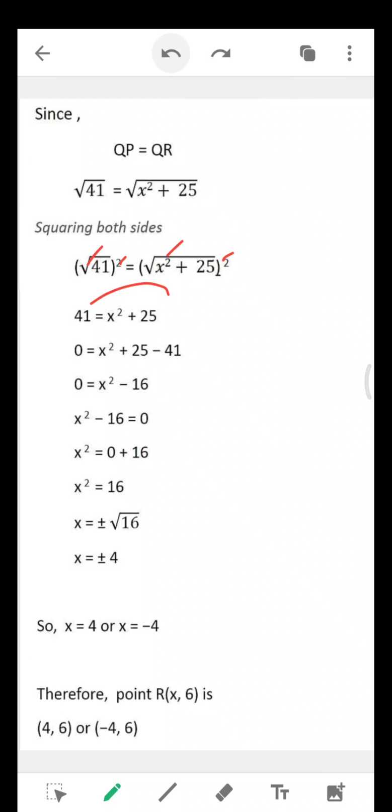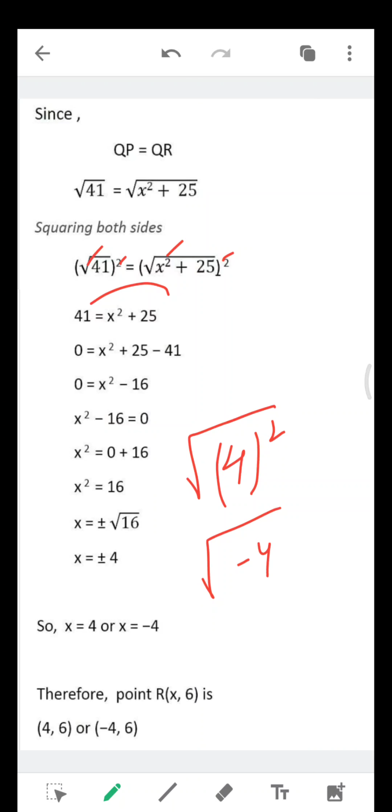So x square is equal to 16. So x is equal to under root 16, and under root 16 can be plus or minus 4. I said you this before also. Under root 4 square or under root minus 4 whole square, what will be the answer for both of these? Both will give you under root 16, isn't it?